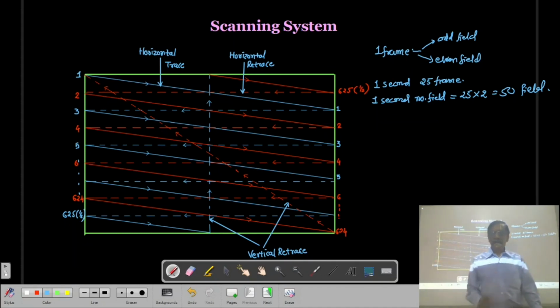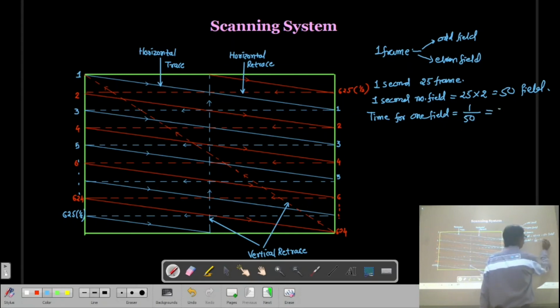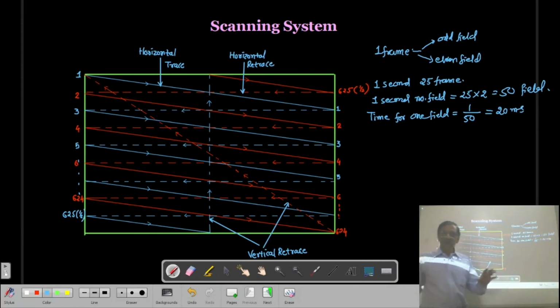So, what is the time period for completing one field, either an odd field or an even field? Here we write the time for one field equal to 1 upon 50, and this comes out to be 20 milliseconds. So either to complete an odd field or an even field, 20 milliseconds is required. From this we can calculate the frequency.